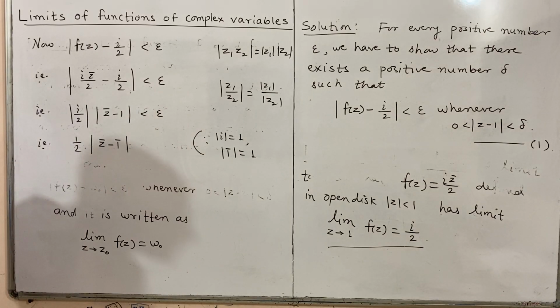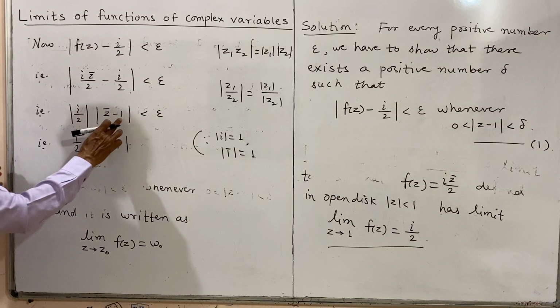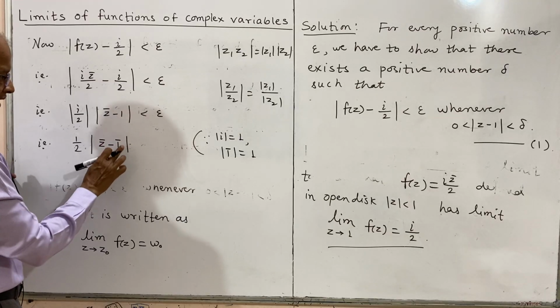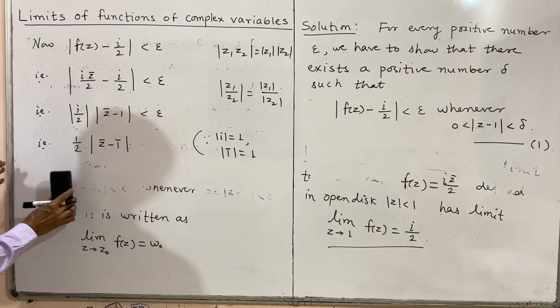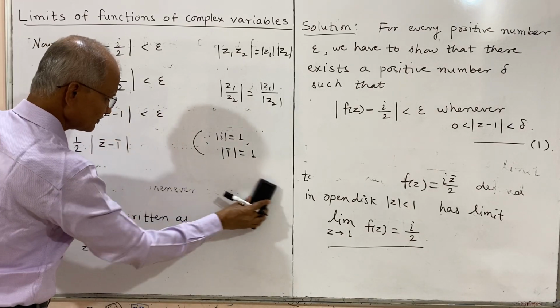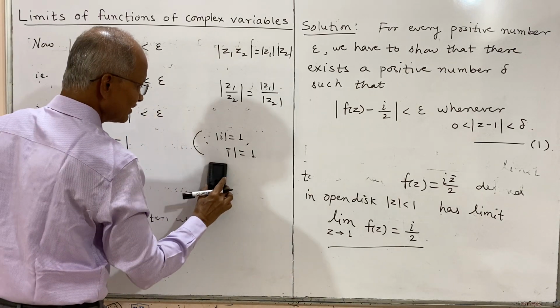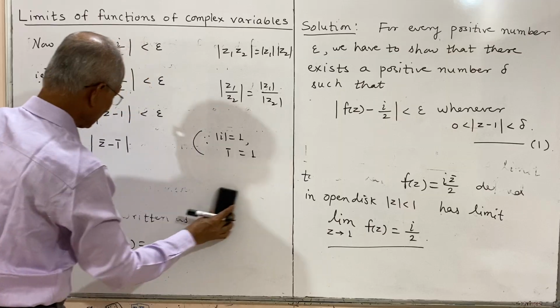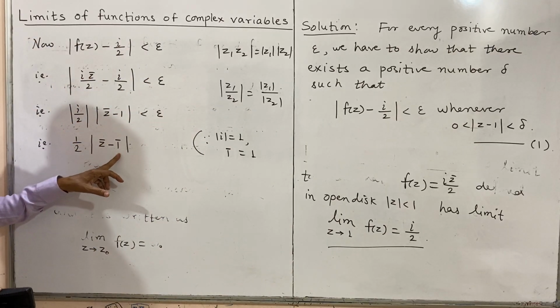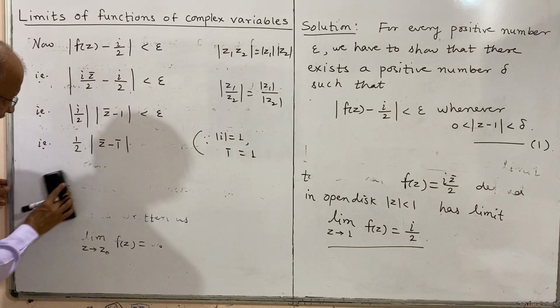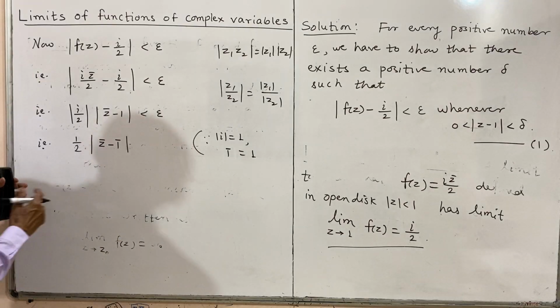Conjugate of a real number is itself, and therefore we can replace this 1 by conjugate of 1. Simply, conjugate of 1 is 1, 1 is equal to 1 conjugate, and that is less than epsilon.